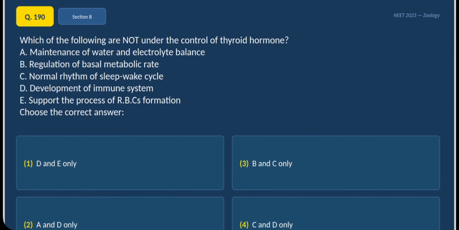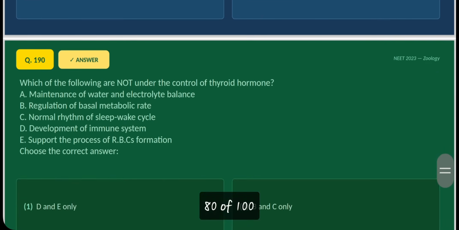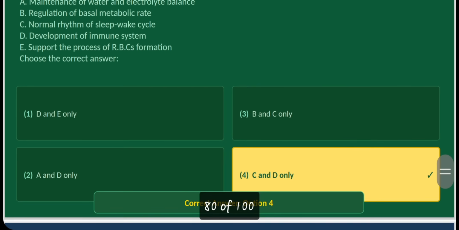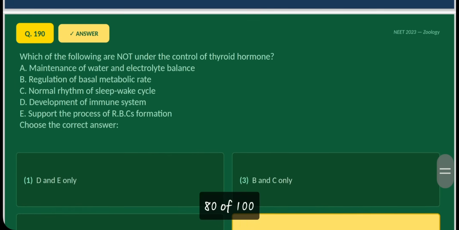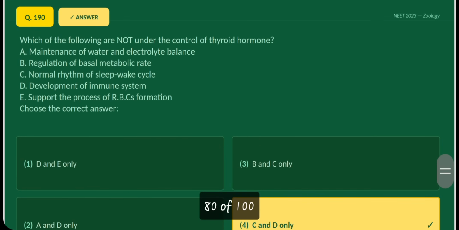So for me it seems more to be C. Let us cross check the answer. C and D only. So normal rhythm of sleep-wake cycle, development of immune system is not under the control of thyroid hormone. Remaining are all under the control of thyroid hormone.